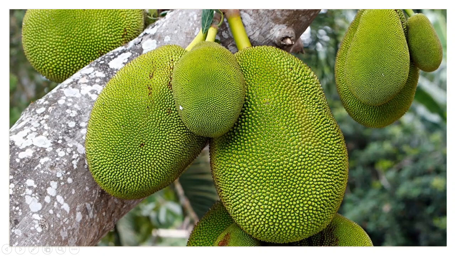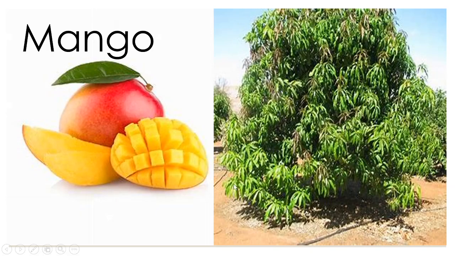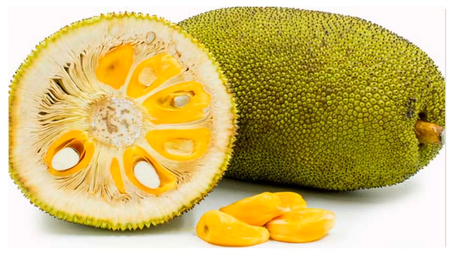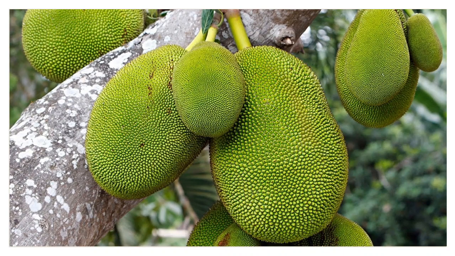Now look at the picture. Most of the fruits are quite large. If you compare them with mango, you can see mangoes are quite small, but jackfruit is quite big. So you have to identify these two trees by their fruit size.